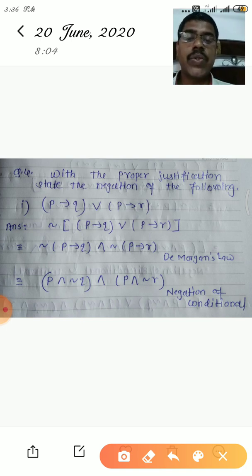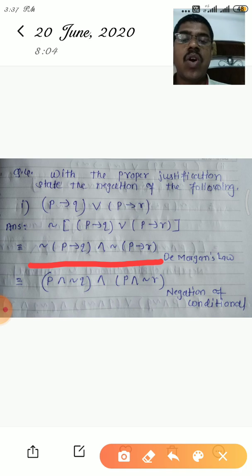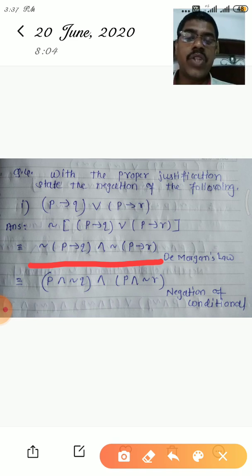That is equivalent to negation of (P conditional Q) and negation of (P conditional R). Where OR is given, we multiply the negation, convert it into AND, and apply De Morgan's law. Next step, apply the negation of conditional. The negation of P conditional Q is P and negation Q, this AND as it is.